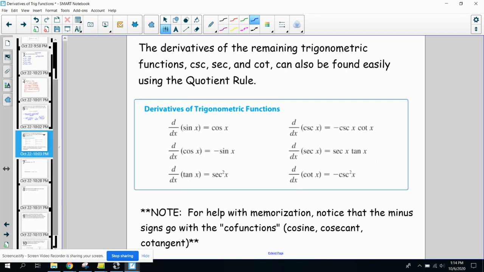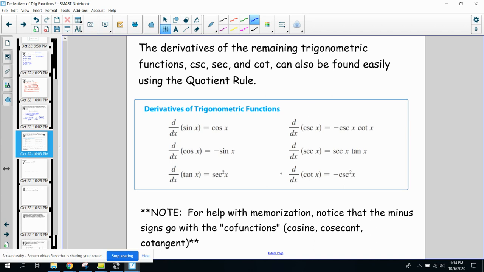Okay, so here is the list of all the derivatives of trig functions. For all of the remaining trig functions like cosecant, secant, and cotangent, you can use the quotient rule in order to derive them if you forget what they are. Take a minute and write these down.